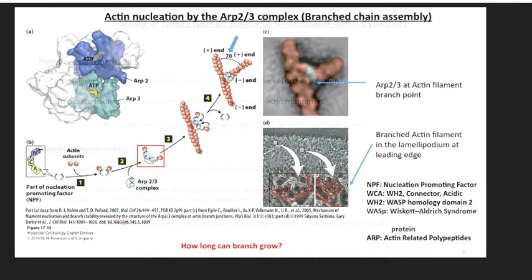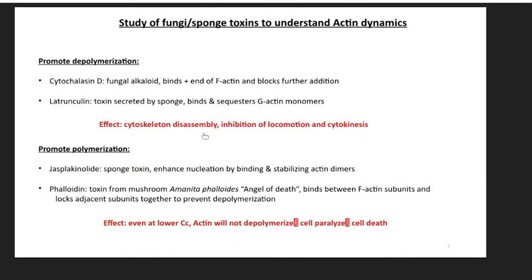Okay. This will probably be important for fill-in-the-blanks or true/false. Cytochalasin D, latrunculin, jasplakinolide, and phalloidin: these four names and what they actually do. These two promote depolymerization, these two promote polymerization, and through what kind of activity.